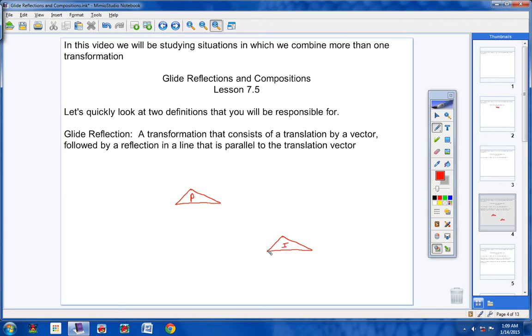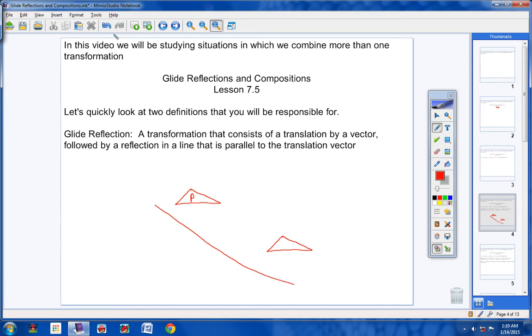After I've taken my pre-image and I've translated it, then I reflect it around a line that is parallel to the translation vector. So let's name a line parallel to that line. Well, a line parallel to that line would be right here. This is parallel, kind of, not really, but you get the idea.